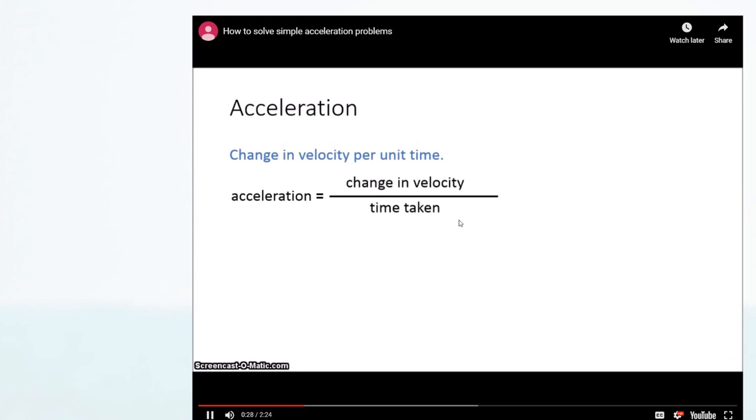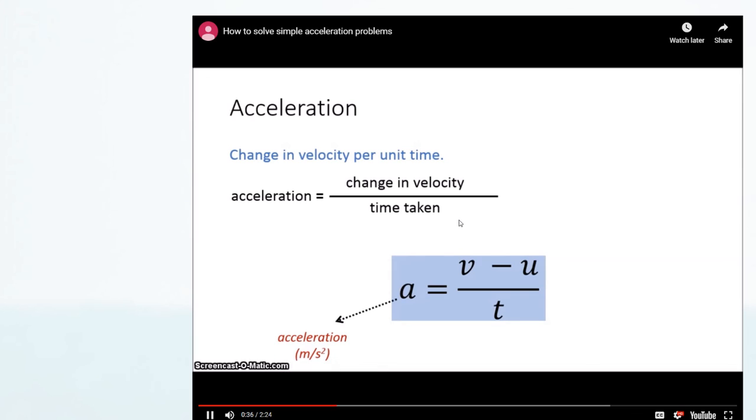So, we can use this formula to calculate acceleration. And if we use the symbols, we can rewrite the formula in this form. Here, A represents the acceleration and its unit is meters per second squared. V and U both represent velocity. V is the final velocity, U is the initial velocity of the object, and T is the time taken.